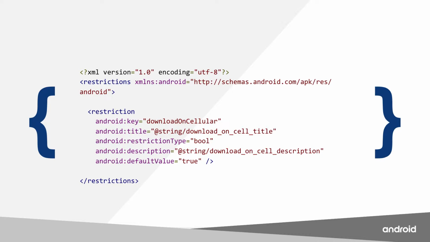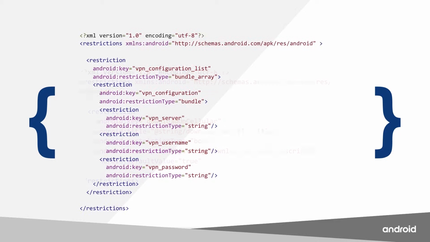This is what the restriction element looks like. Note that the title and description are drawn from a localized resource file. And app developers will want to be very descriptive for the title and very clear in the description as to what the managed configuration does.